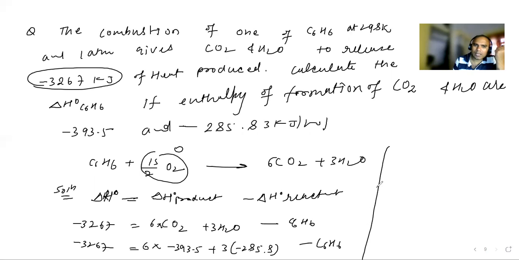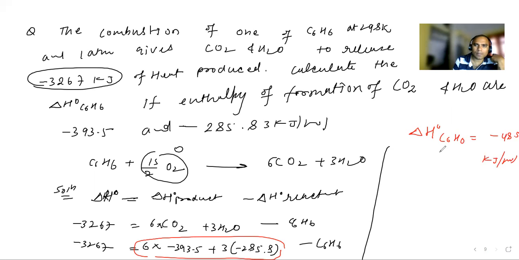Can you solve this one? After solving, all the data will go to that side, yes or no? Then delta H naught of C6H6 is coming as minus 48.5 kilojoule per mole. This is our answer.